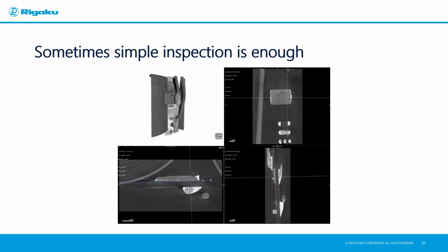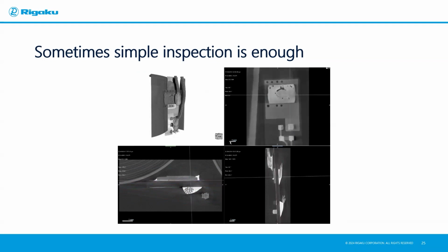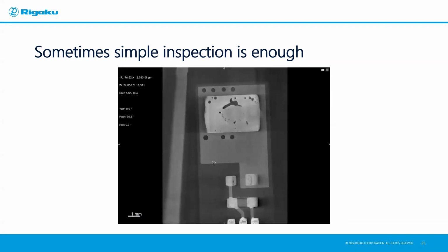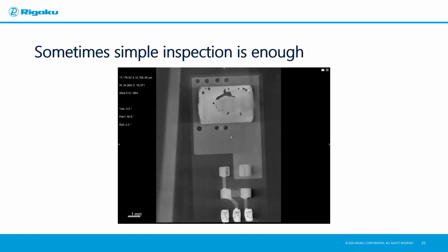In this case, it's just a short video showing someone zooming in and having a look at solders that are present in a certain area of one of the boards. And there's a lot of voids, but you can see that there is complete wetting, so there's a continuous circuit, so this part works.